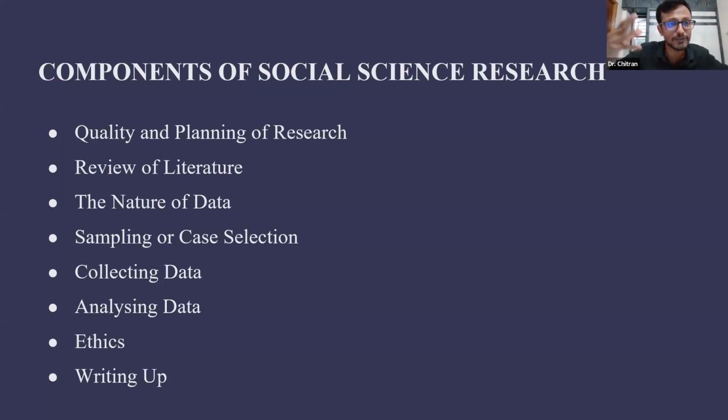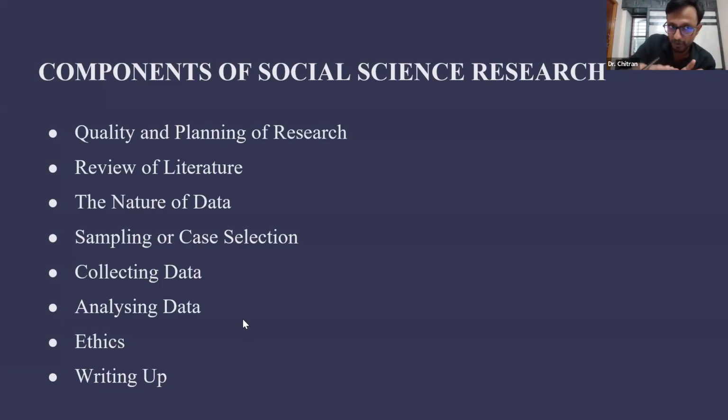So many factors constitute human beings, and the irony is that human beings are working on human beings. So the researchers themselves are also very complex. I have a particular social position, political position, cultural position, caste position, gender position. So many things as a researcher I have, and I am studying human beings who are very complex. In that sense, social science research is one of the most complex. It's not that simple to do social science research.